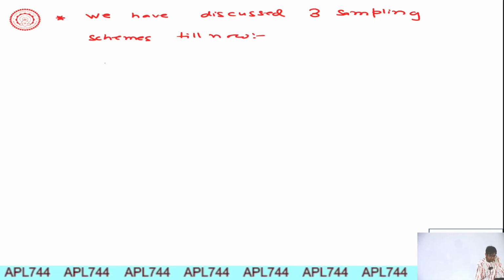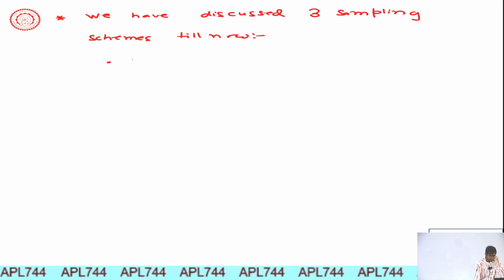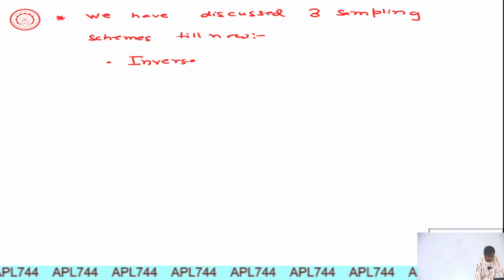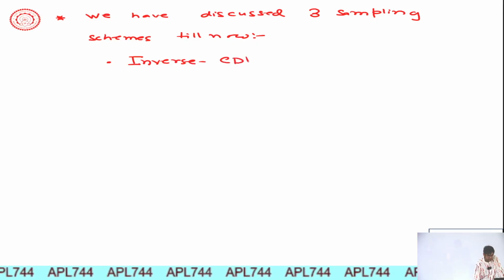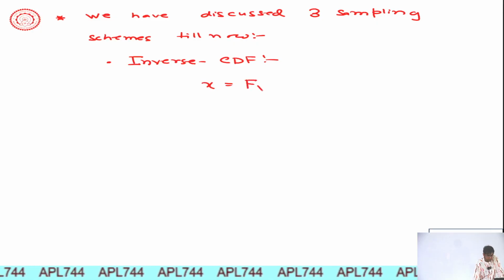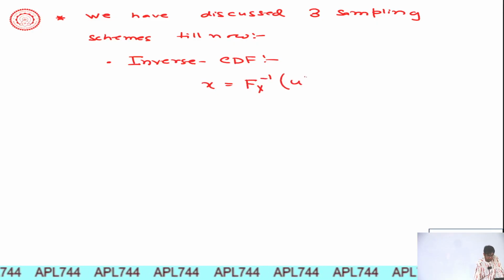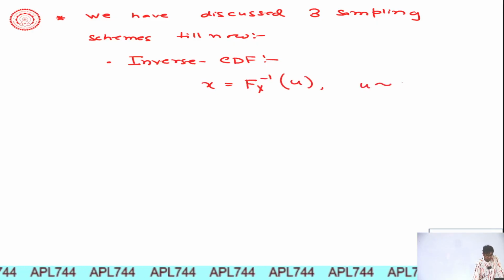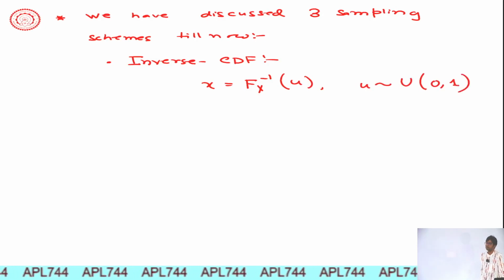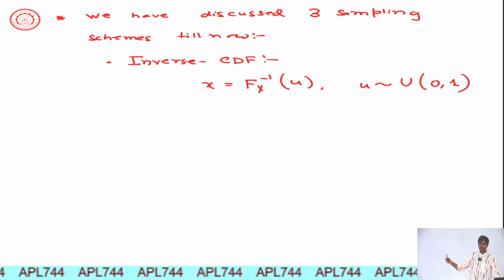The first one is the reverse sampling, or inverse CDF based sampling. And here your x is equal to F_X inverse of u, where u comes from some uniform distribution 0, 1, right? This is the inverse CDF.